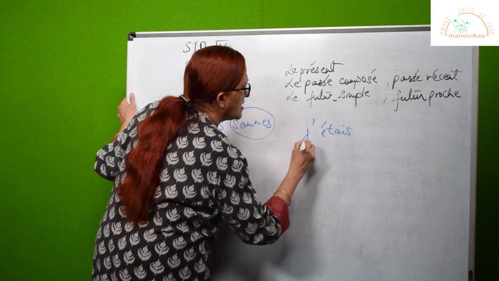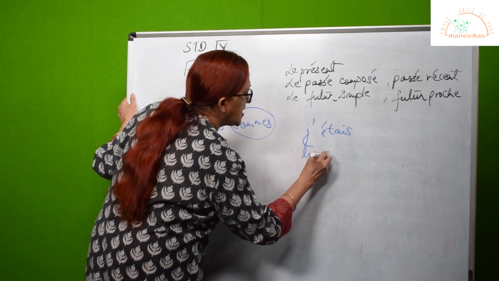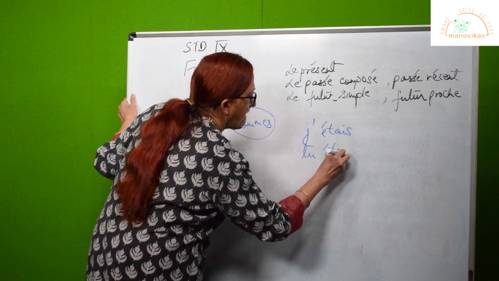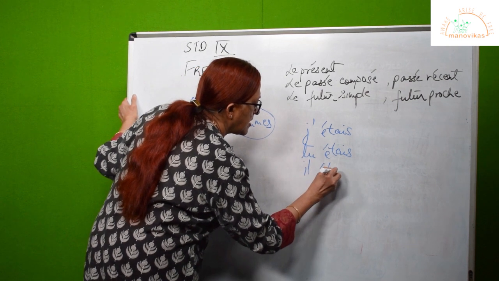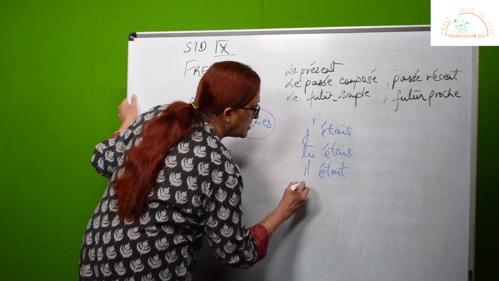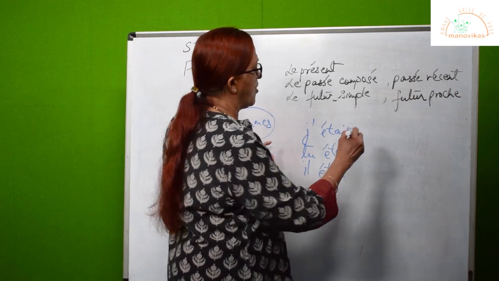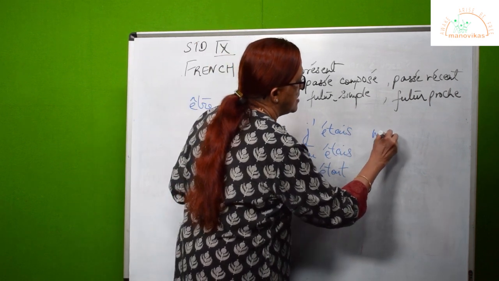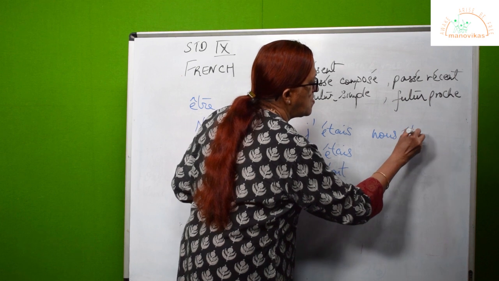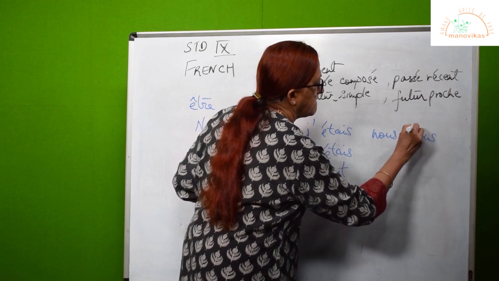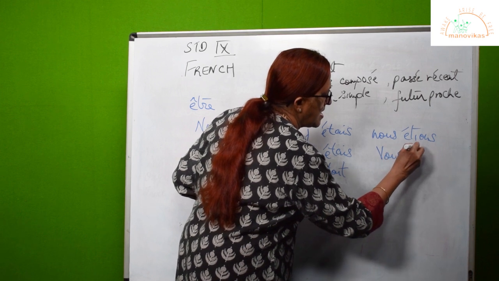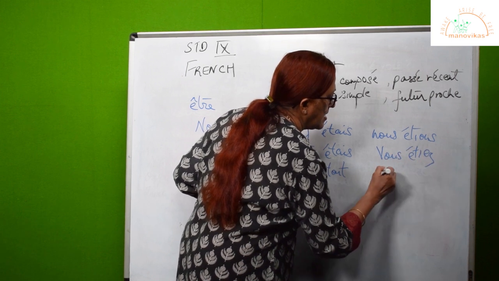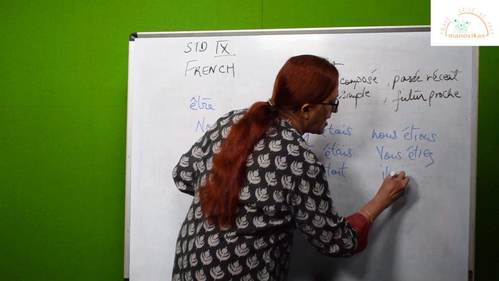j'étais, tu étais, il était, and for the nous form, I will say nous étions, vous étiez, and ils étaient.